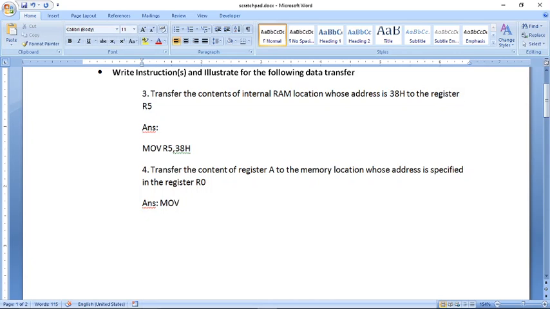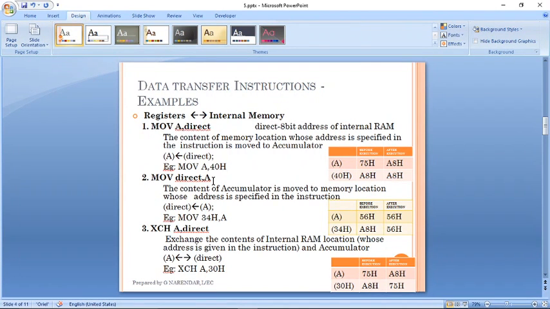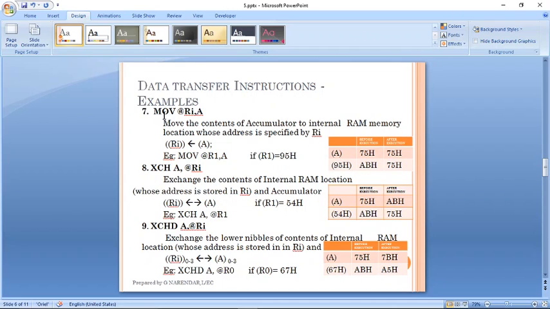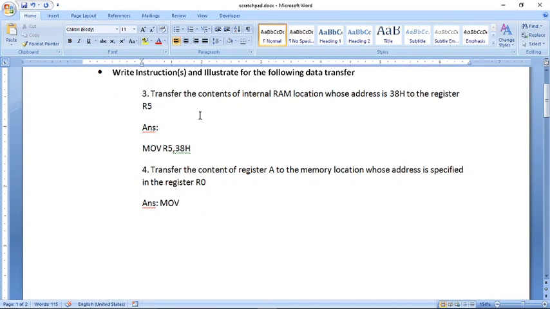So how do we write this instruction? What we have learned is that we can use the symbol @Ri. So the destination will be @R0. That means we have to move the data to a memory location whose address is present in the R0 register.